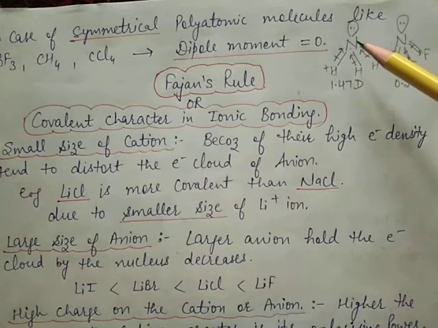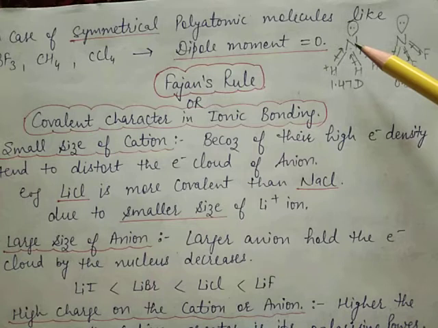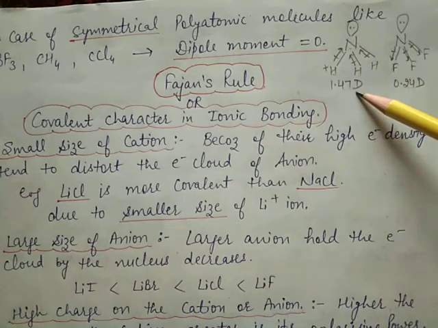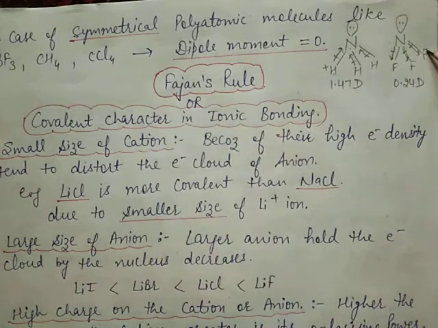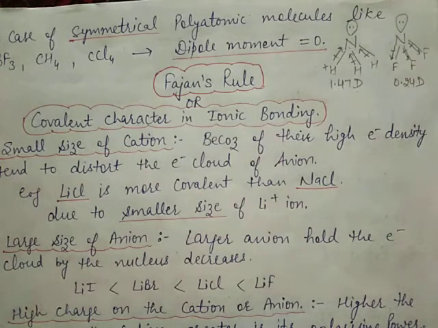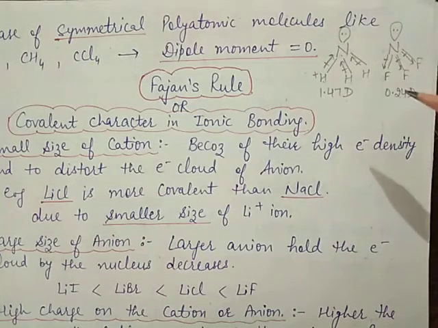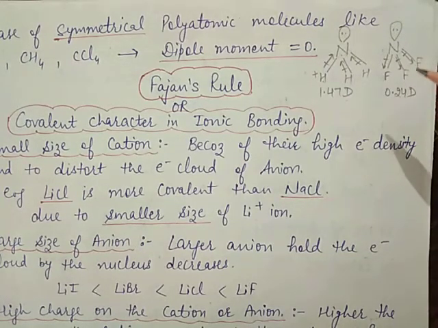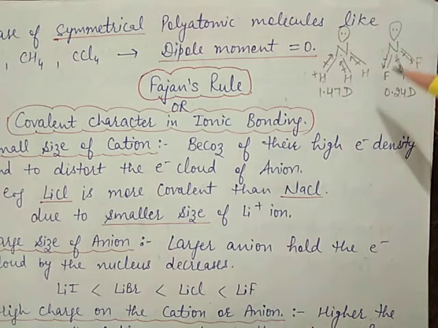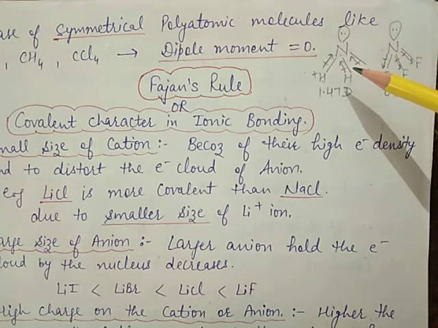It means you can say that the orbital dipole of the lone pair is in the same direction, so they have some resultant dipole moment. But in case of NF3, fluorine is more electronegative as compared to nitrogen, so the direction is pointing towards the more electronegative atom. Means in case of NF3, the orbital dipole is in the direction opposite to this.